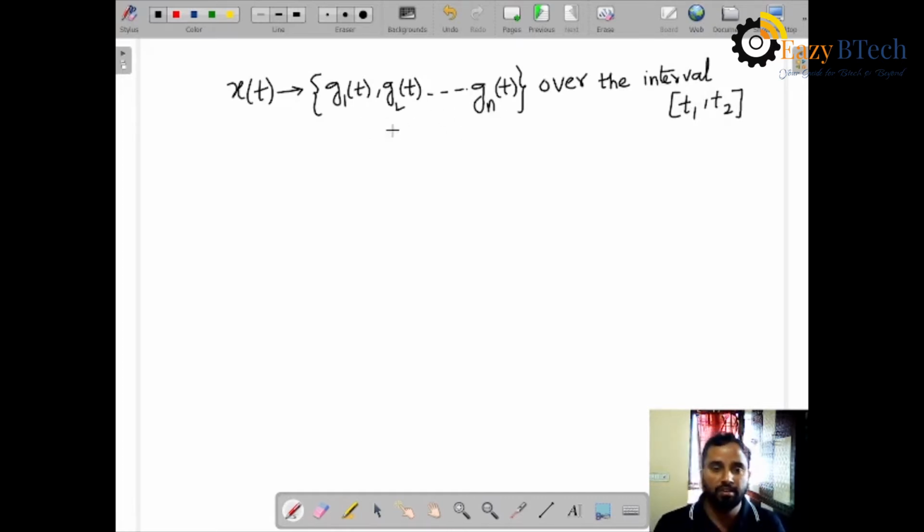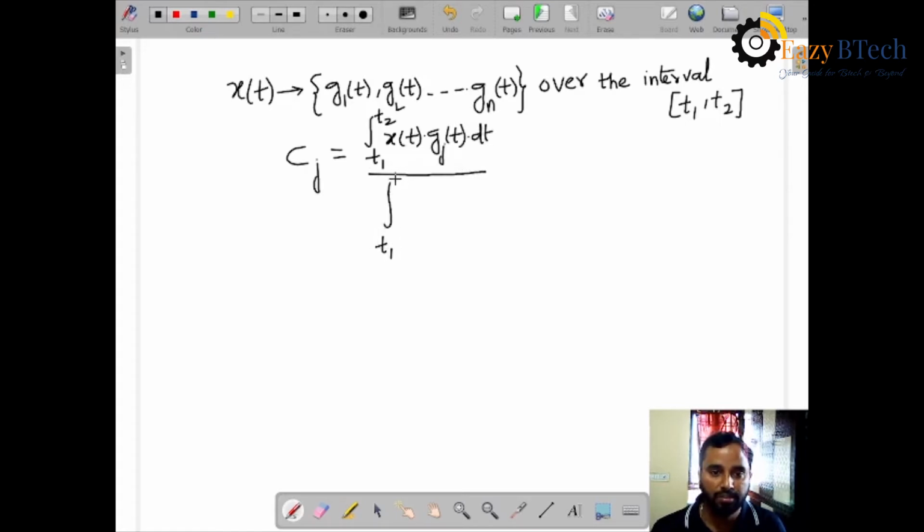So in this topic, we have seen how to calculate the coefficients Cj. Cj we already derived. I am writing once again: integral t1 to t2 of x of t into gj of t dt, divided by integral t1 to t2 of gj square of t dt.